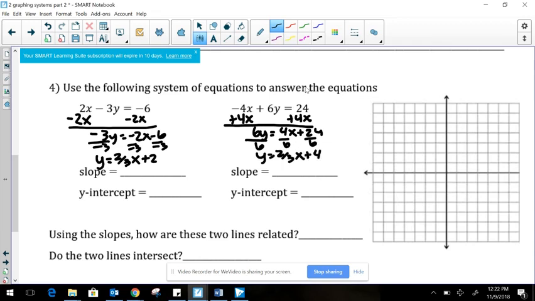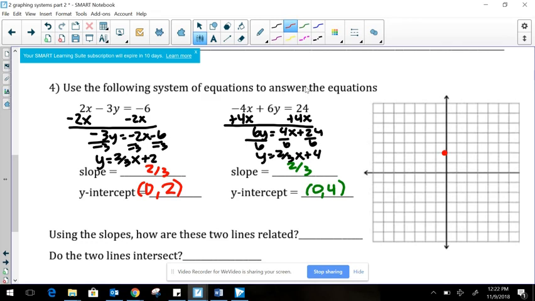Okay, so now I'm going to answer my slope is 2/3. My y-intercept is 2, or 0, comma 2. That would probably be even better. Okay, and then next one, my slope is 2/3, and my y-intercept would be 0, comma 4. All right, so let's graph the line in red.